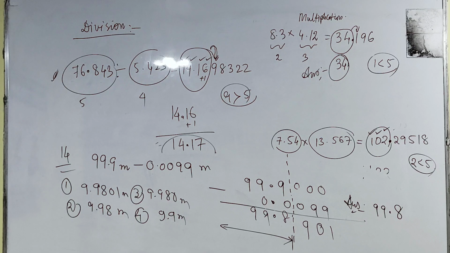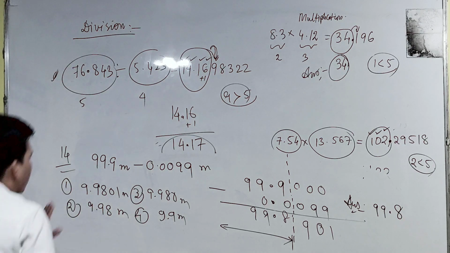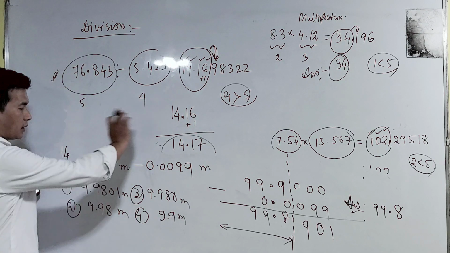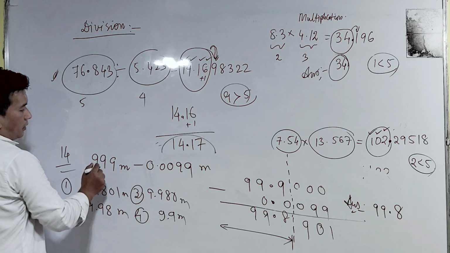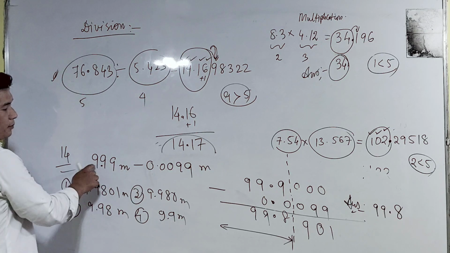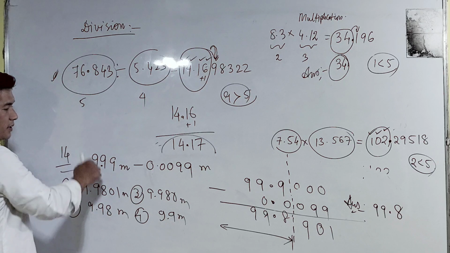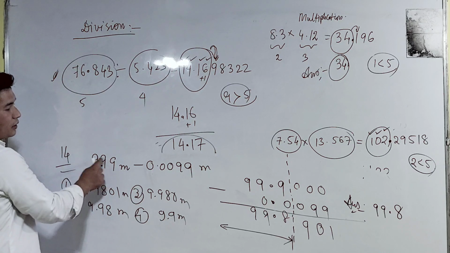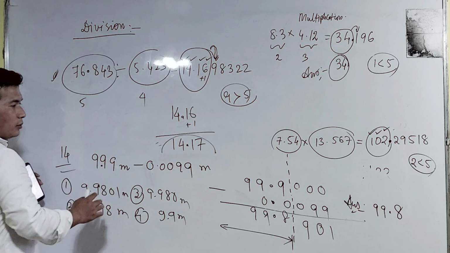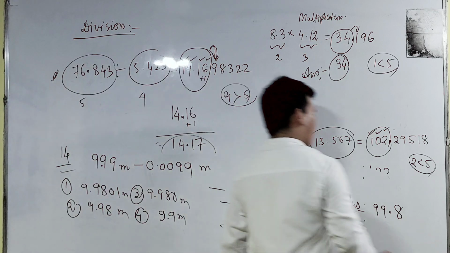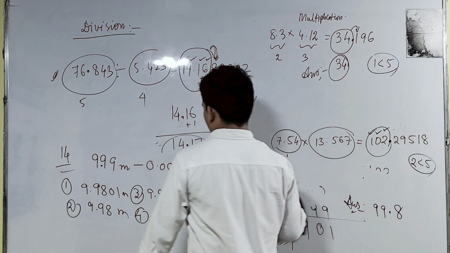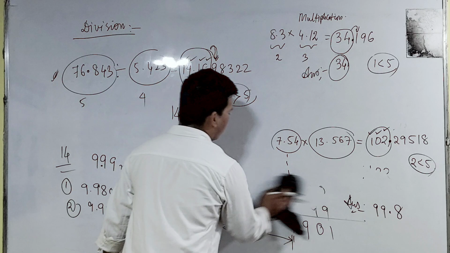Actually, we have copied the question wrongly. I have checked the question and it is given as 99.99, but previously I just took 99.9. So it will make quite a difference. So let us change the question.